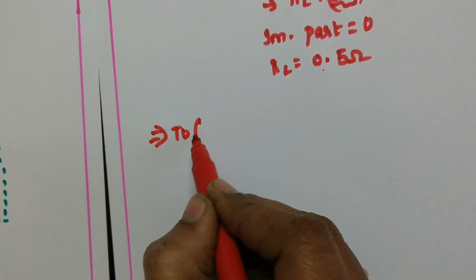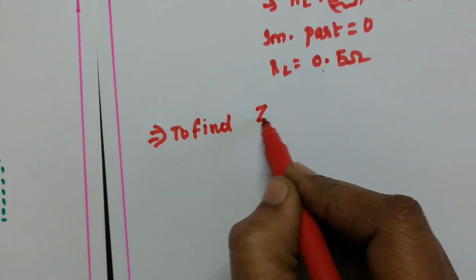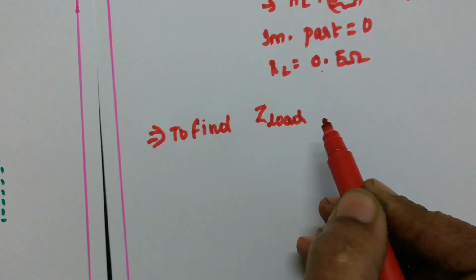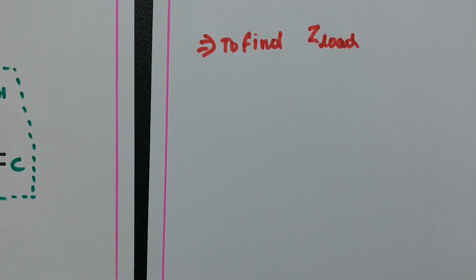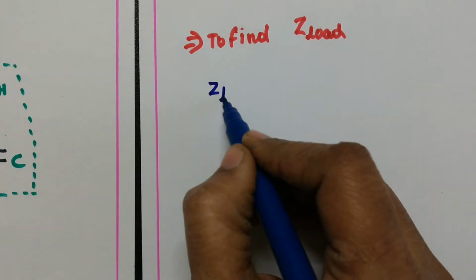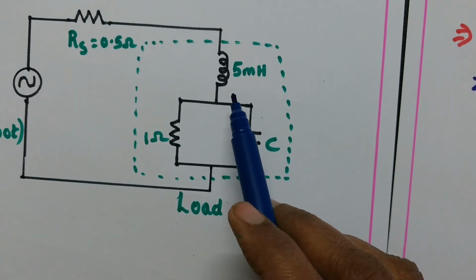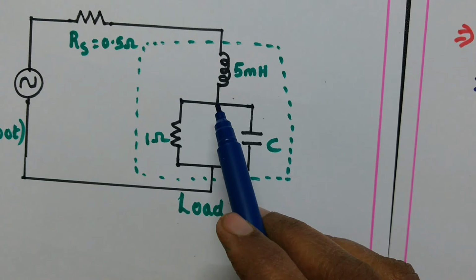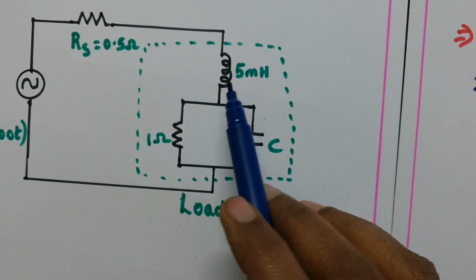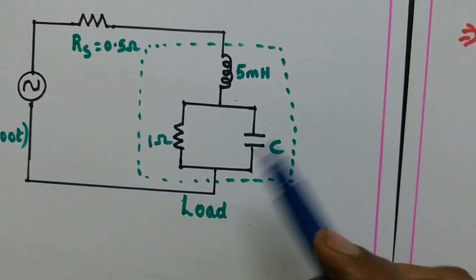So to find load impedance, first we will convert this into omega domain. So let me consider L as such and C as such. Okay.